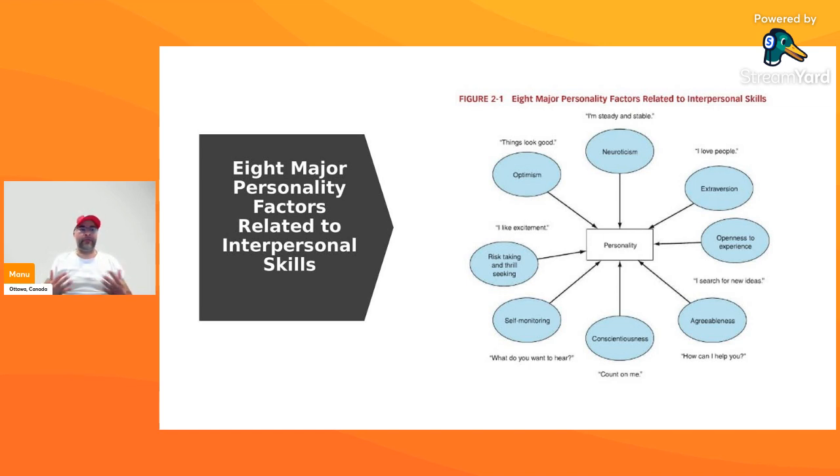So right off, I knew the openness to experience was there, agreeableness too, conscientiousness too, and neuroticism, I shouldn't say slightly, was on the lower end of it. And extroversion and introversion wouldn't have mattered, but optimism, risk-taking, and self-monitoring were all there.